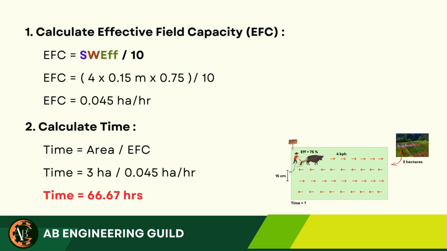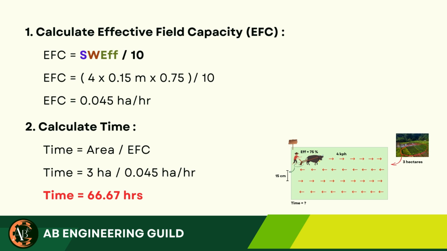The width of the plow is 0.15 meters. The field efficiency is 0.75. Multiply 4 by 0.15, then multiply that result by 0.75. That gives 0.45. Now divide that by 10. The effective field capacity is 0.045 hectares per hour.